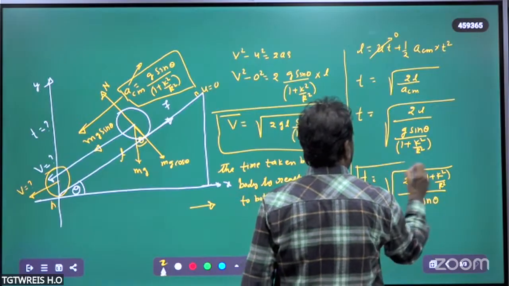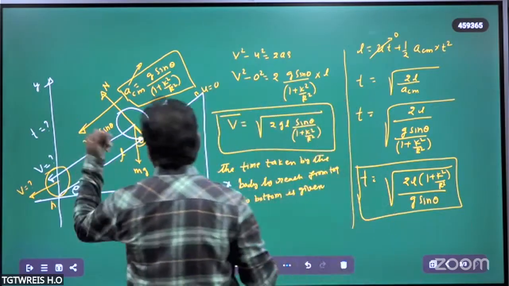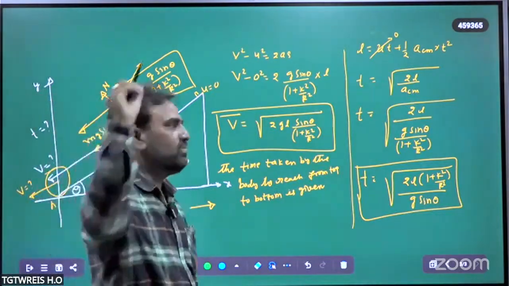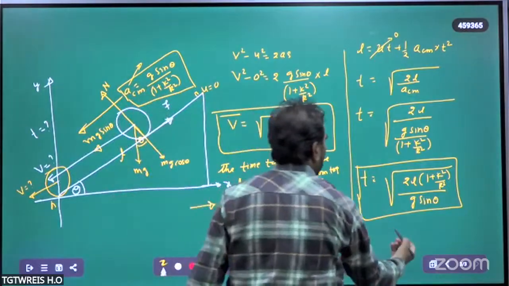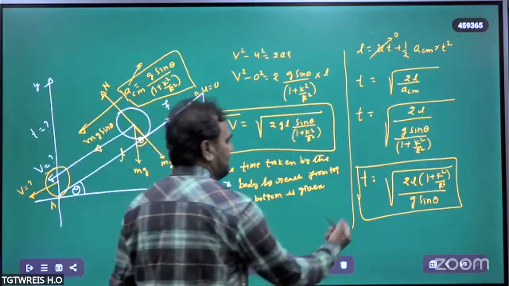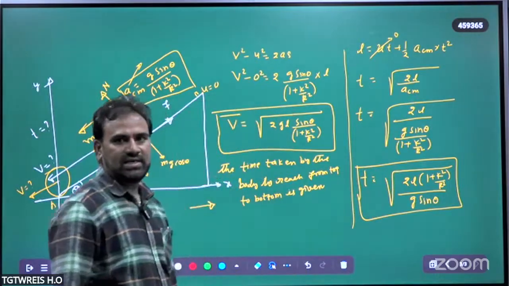This much time it will take to reach the bottom. Is it clear? The time taken by the body to reach the bottom is given by t is equal to root over 2l into 1 plus k square upon r square by g sin theta. Is it clear or not?